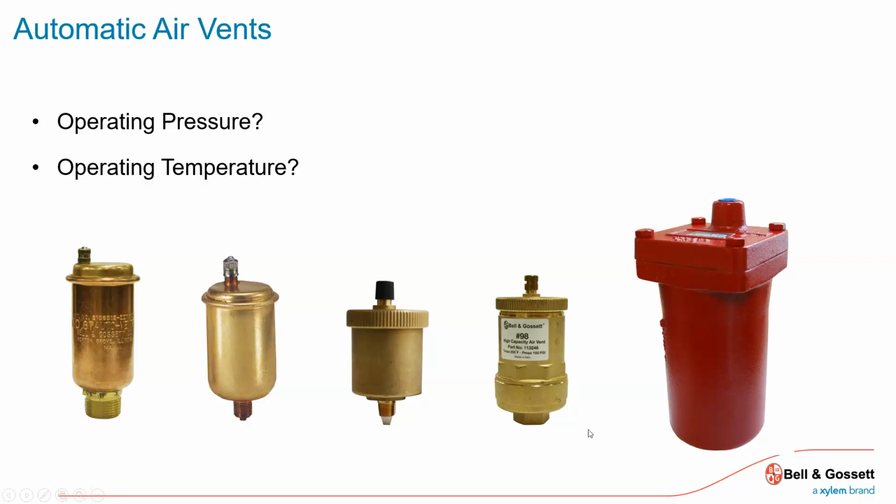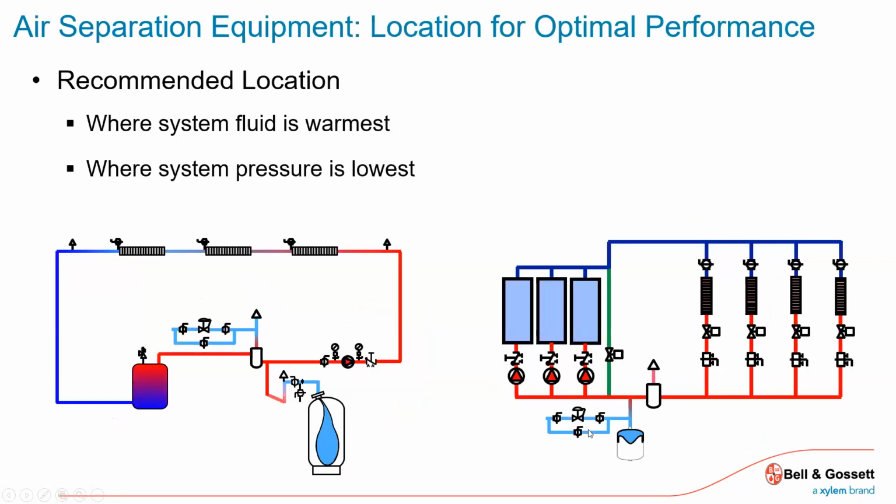That's all it is. It sees this volume of air, which is lighter and different than the water, the float drops, pulls the port open with its lever, system pressure shoves the air out, the float replenishes, and closes it. So you're not leaking water on the floor. That's the last thing you want, is water coming out of these, whether it's down in the mechanical room or in your high rise, at the very top. So again, the optimal location for air separation: water the warmest, pressure the lowest.